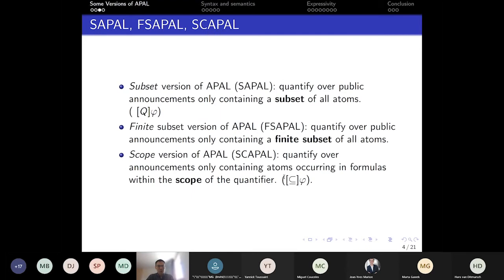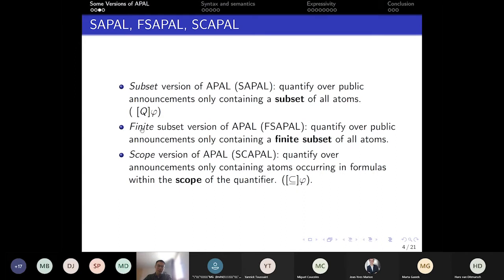Now we will introduce some new versions of APAL. The first one I introduce here is called the subset version of APAL. We call it SAPAL. It quantifies over public announcements only containing a subset of items. For example, it can express that after any announcement only containing items in Q, phi is true.